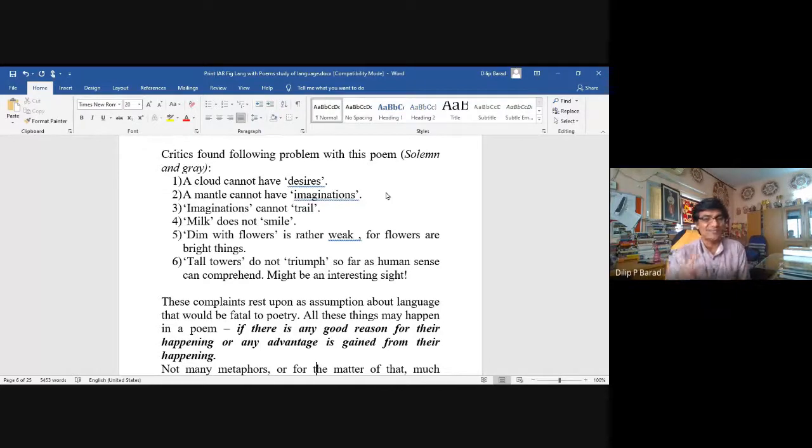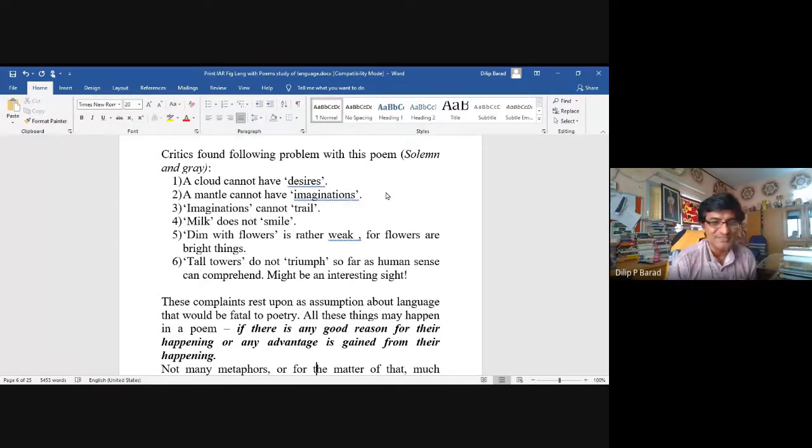Imagination does not have legs or wings that it can fly or walk, so it cannot trail. Milk does not smile. Dim with flowers is rather weak, for flowers are bright things. Tall towers do not triumph. Towers are still, they can't move. Even trees cannot move. Towers also cannot move, so they can't triumph.